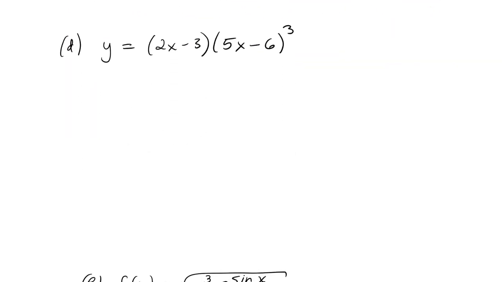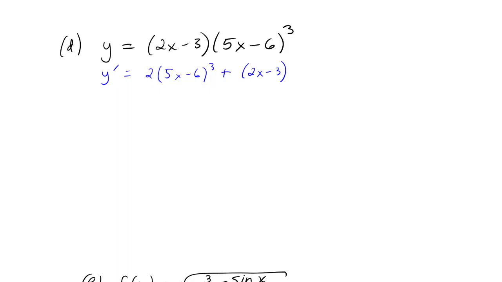All right, y equals 2x minus 3 times 5x minus 6 cubed. My only alternatives here are to multiply that whole thing out, or better idea is use product rule. So if I want to use the product rule, I have the derivative of the first, which is 2, times the second as it is, plus the first as it is, 2x minus 3, then the derivative of the second here.